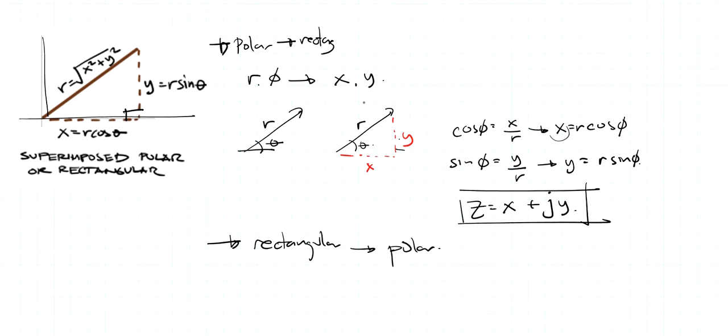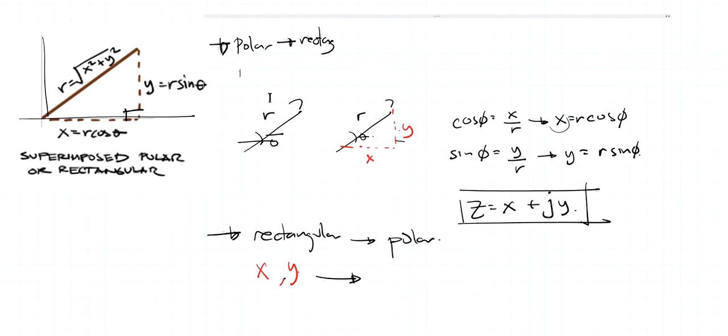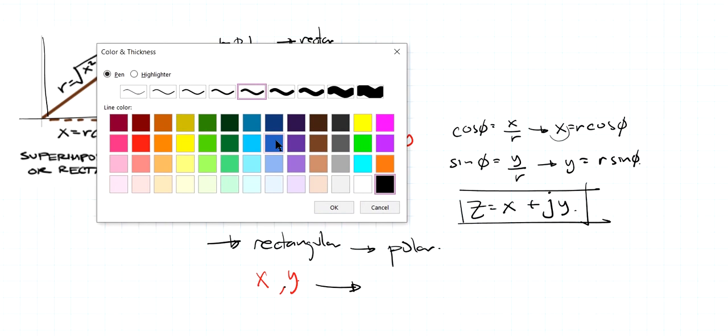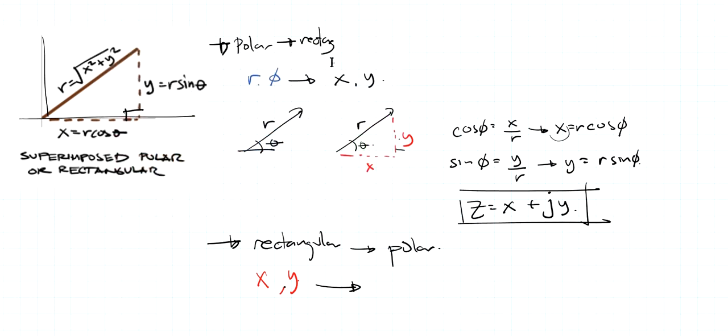If we are given a rectangular form, that means we have the values of x and y, and we need to find the polar form.